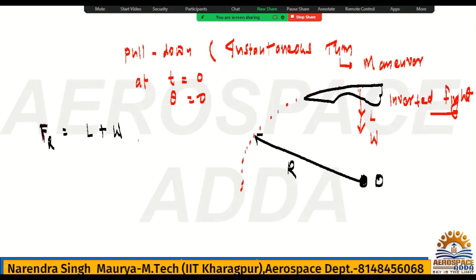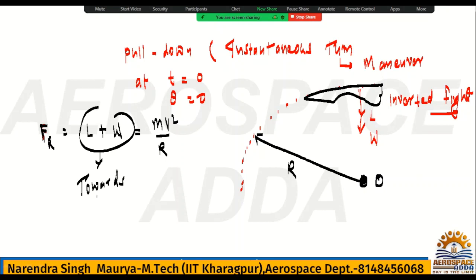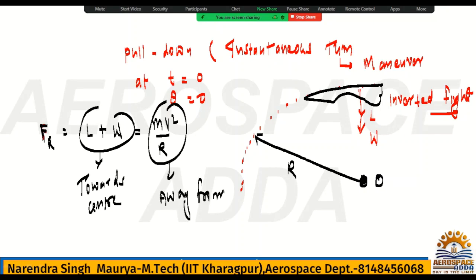So again, in the radial direction, radial direction means in this downward direction. If you equate the force, Fr will be towards the center, and away from the center will be the centrifugal force, which will be mv square by r. This is towards the center, and this is away from the center.